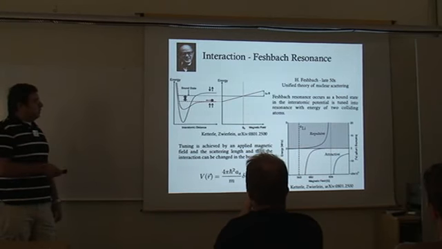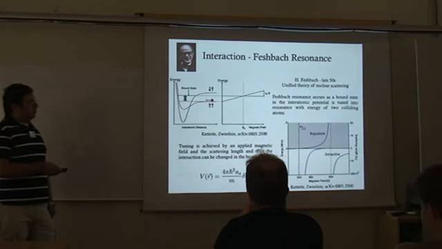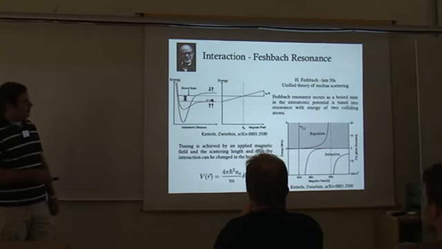And the scattering length, which is plotted here, changes from positive here to negative here, and here is the magnetic field. So there is some kind of resonance at 834 gauss.